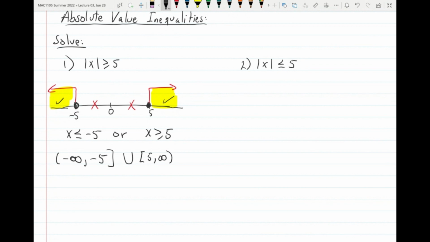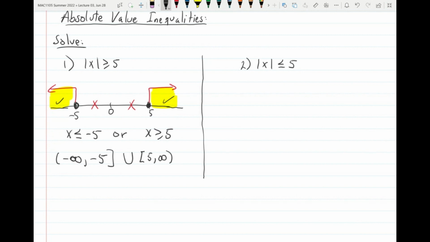Okay, good. Now, for greater than or equal to versus just greater than, notice that if we didn't have the equal to, it's the same thing, except we would have open circles here instead of closed, and it would be parentheses. That would be the only difference, but the rest of the ideas are the same. So, when it's greater than, you're going to have an OR type, and this is the scenario that you're going to deal with.